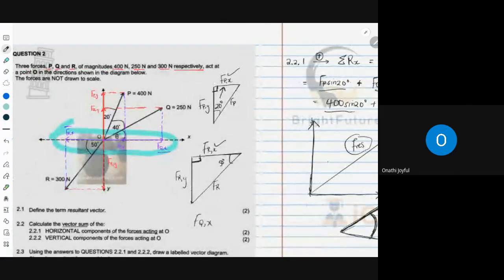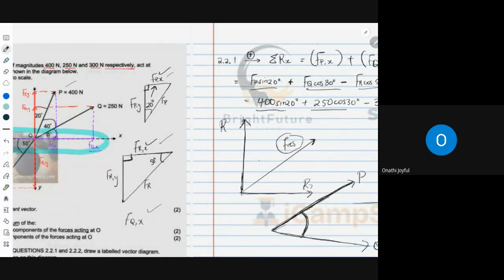First we combine all the x components, like what we're doing here, FPX, FRX, FQX, so that they make up Rx, which will be this side. So Rx is in fact the horizontal component of our resultant vector.